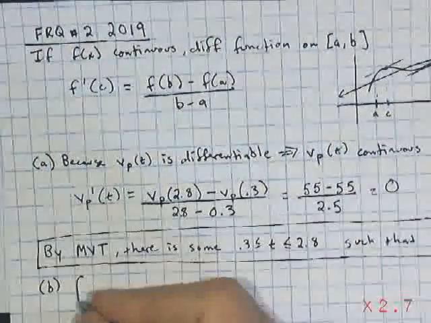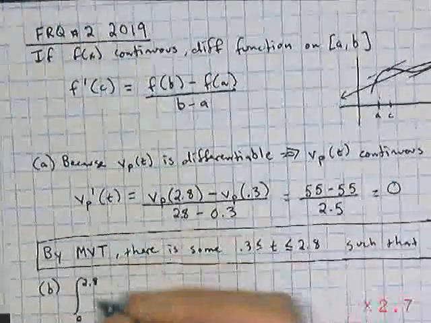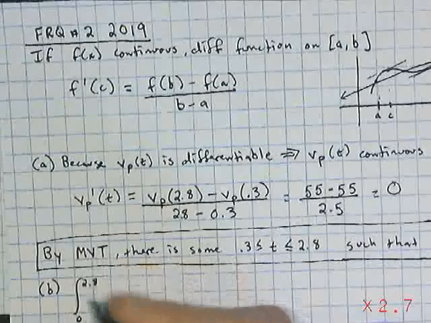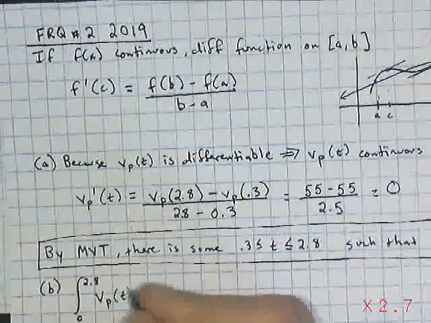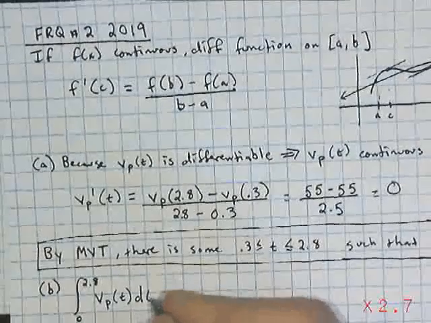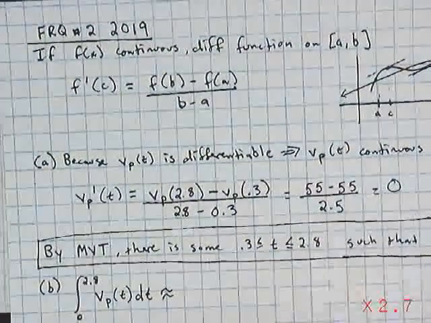The integral from 0 to 2.8 of v sub p of t dt can be approximated by the trapezoidal sum.